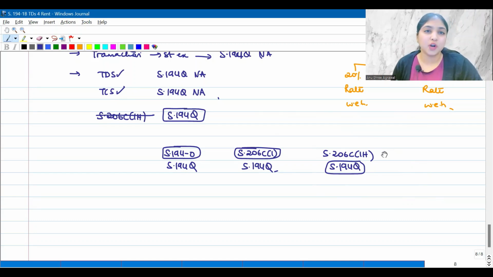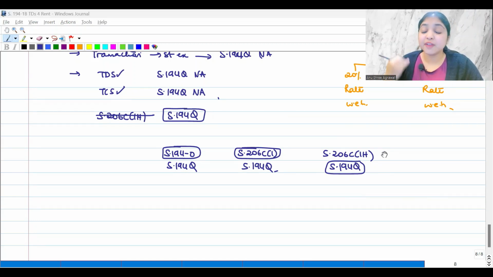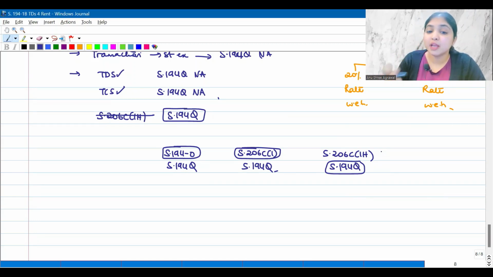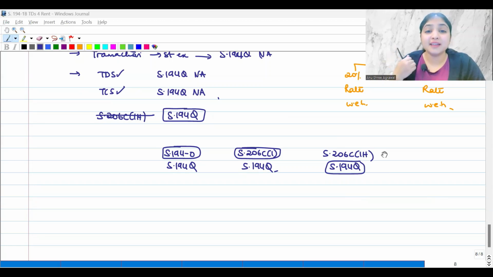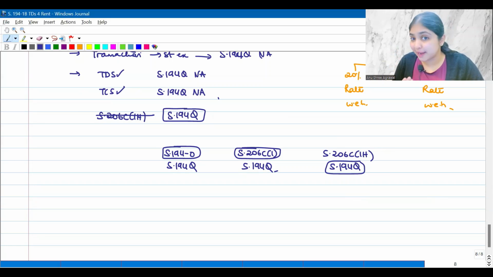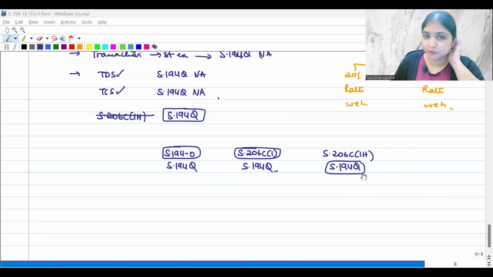194Q will override 206C1H. If any other TDS section is applicable, you apply that. If any other TCS section is applicable, you apply that. But if 194Q and 206C1H, if these two sections are applicable, between these two sections, you will always choose section 194Q only. Understanding, everybody?